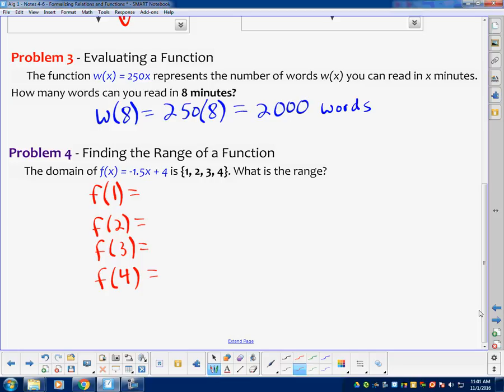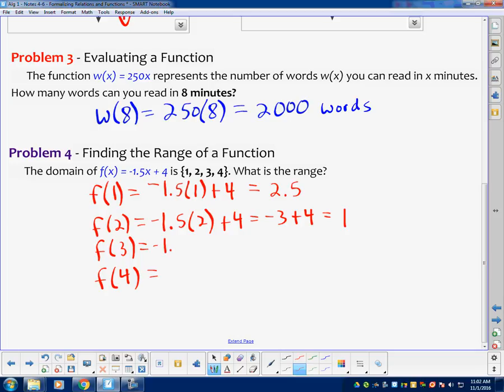So first plugging in 1, it's negative 1.5 times 1 plus 4. Negative 1.5 times 1 is negative 1.5, plus 4 is 2.5. Negative 1.5 times 2 plus 4, that's negative 3 plus 4, which is 1.